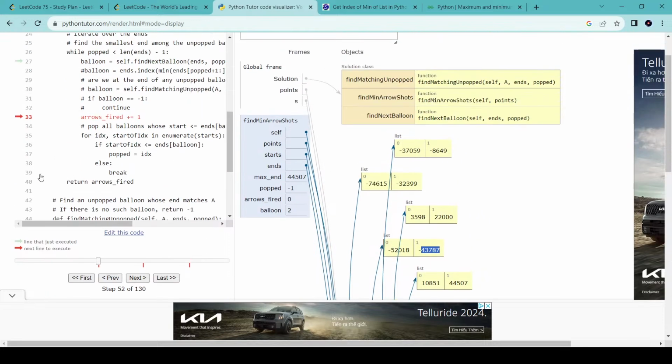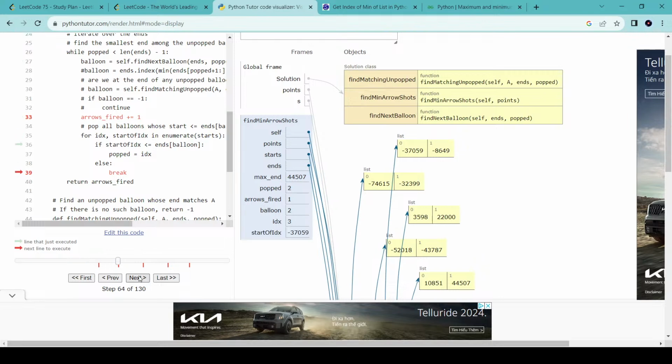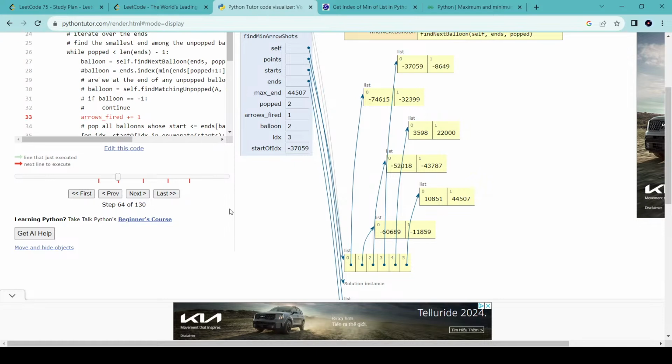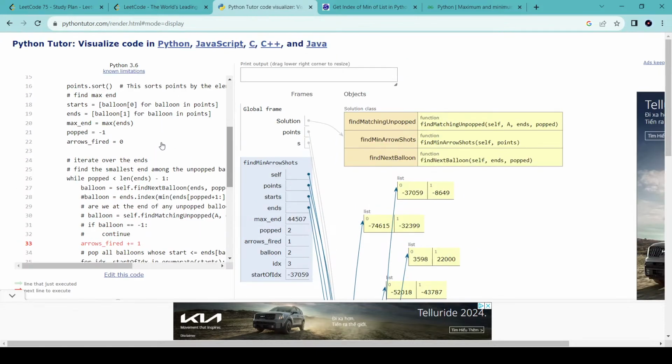Okay, let's see what balloons pop. So it popped index 3, yep. So popped equals 2, so it popped balloon. Okay, so the logic is correct. The logic looks correct. I think maybe this code is a little bit slow.